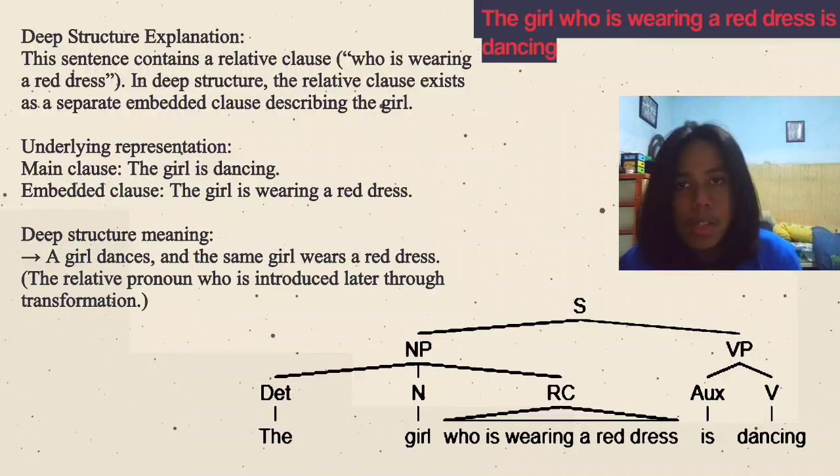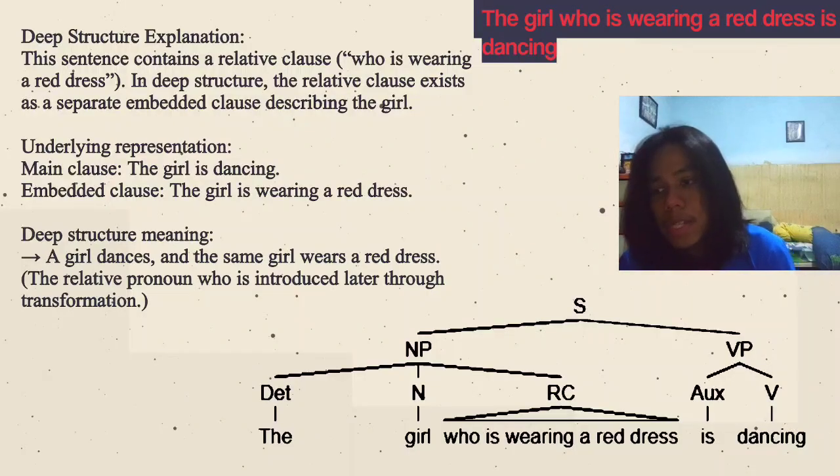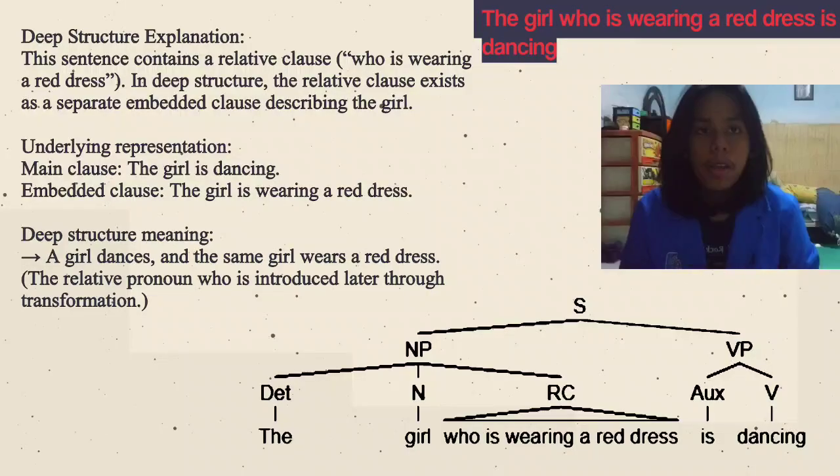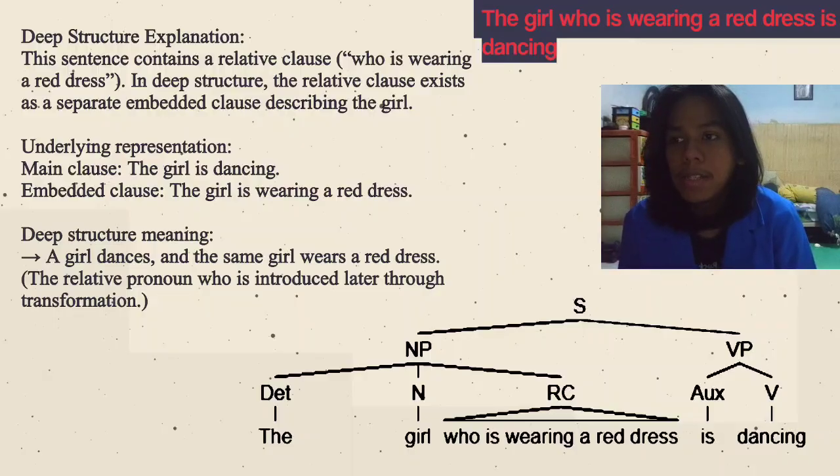So the total sentence is the girl who is wearing a red dress is dancing. The main clause is the girl is dancing. Okay, so here's the deep structure explanation. This sentence contains a relative clause, who is wearing a red dress. In deep structure, the relative clause exists as a separate embedded clause describing the girl.